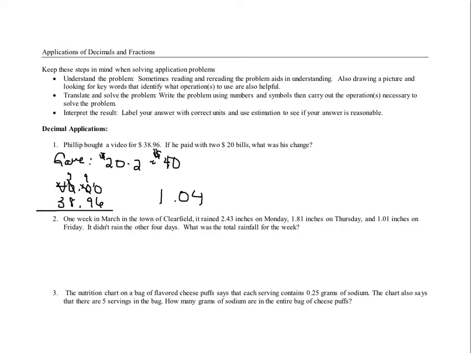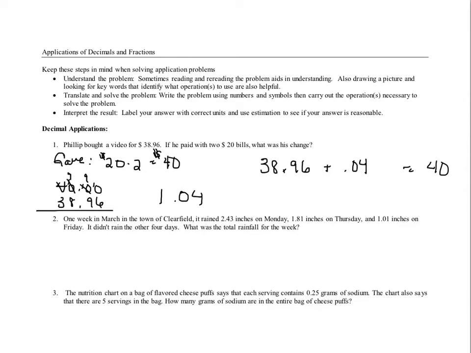Or we could think of it as counting up. I have $38.96, and we can count up to 40. We want to get it to equal 40, and that's going to be our change. To get 96 up to the next dollar would be 4 cents, and then we would be at $39.